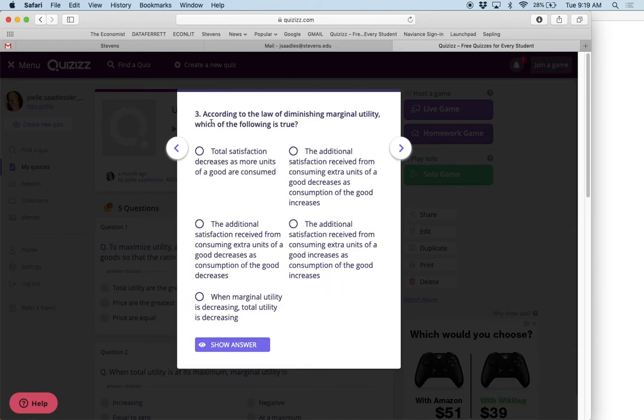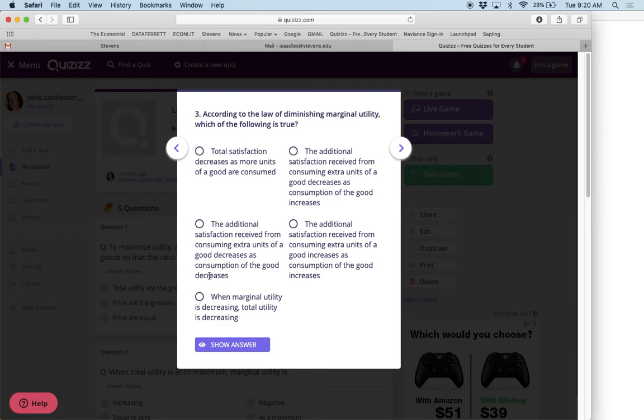According to the law of diminishing marginal utility, which of the following is true? Total satisfaction decreases as you consume more? No, because we know that total satisfaction keeps increasing as you consume more. It's just that it's increasing at a slower rate. So this is definitely false. The additional satisfaction received from consuming extra units of a good decreases as consumption of the good decreases?